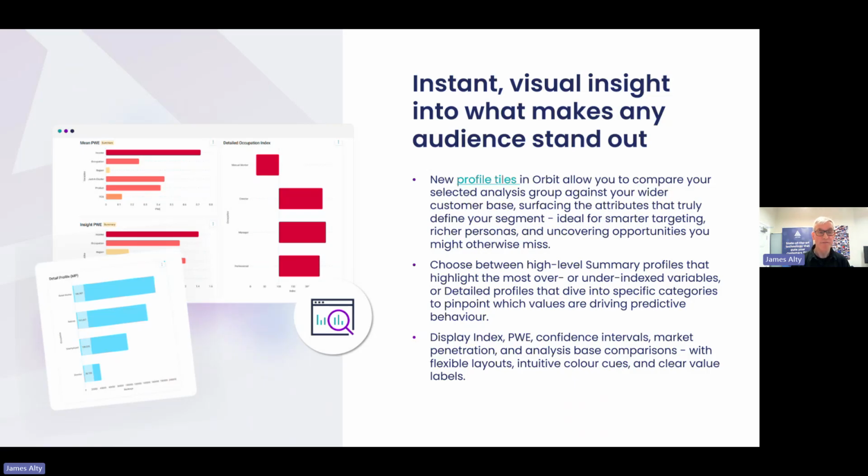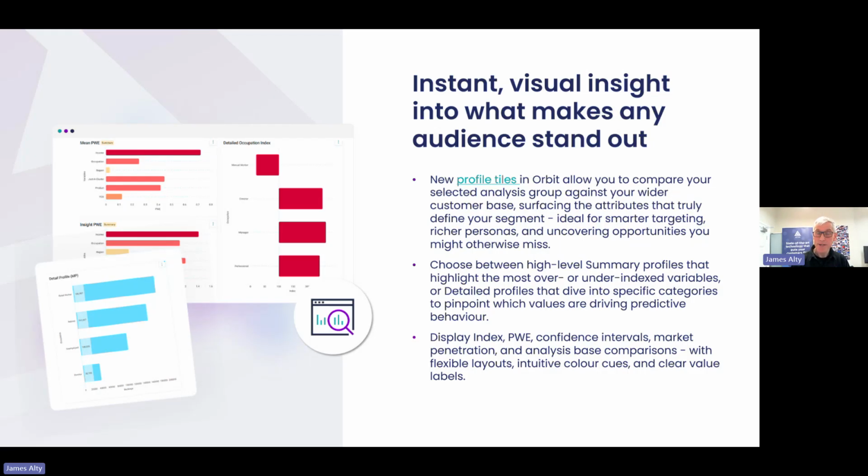So you can highlight which variables are most predictive and which categories of those variables are most predictive. The detailed tiles are able to show all the categories of a particular variable and show you the under or over representation of those categories for the analysis group compared with the base group. So the two sets of data that you are comparing.